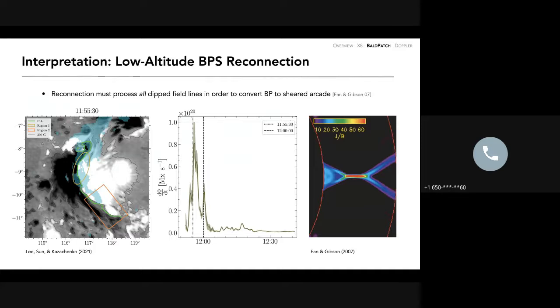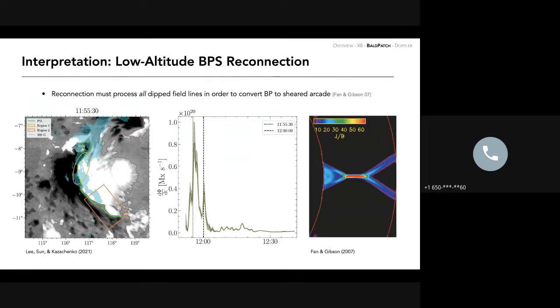So in the torus unstable flux rope case, the whole magnetic flux rope entirely erupted. So the reconnection actually proceeds all the way to the photosphere. In that case, the bald patch disappears, similar to this observation.